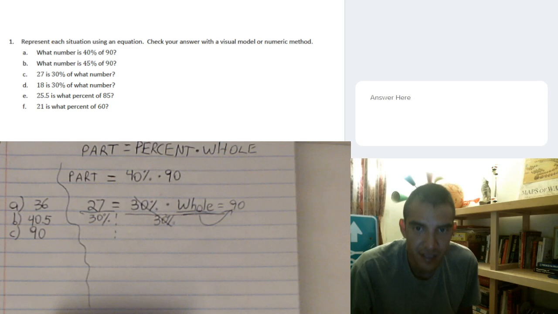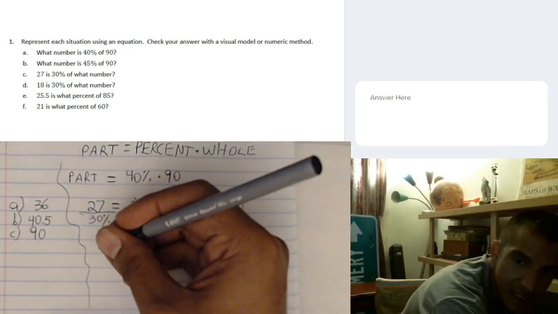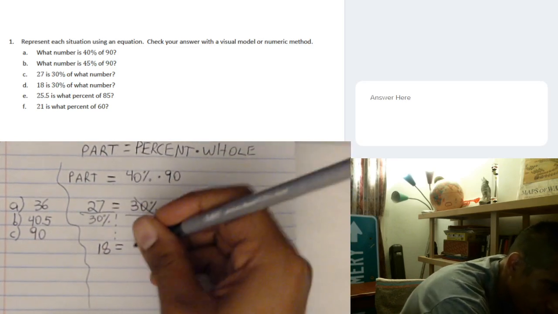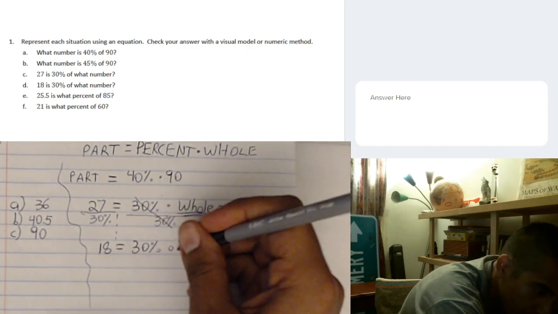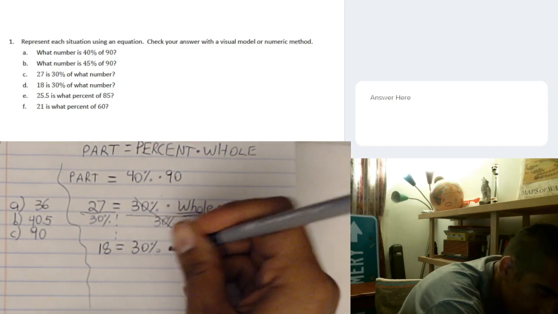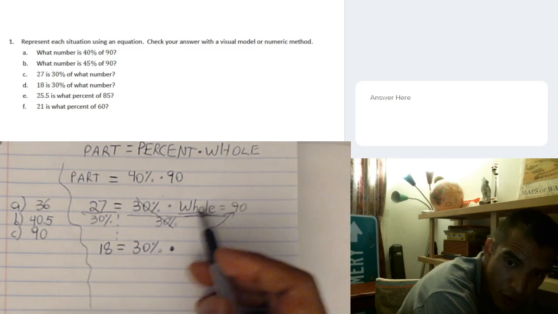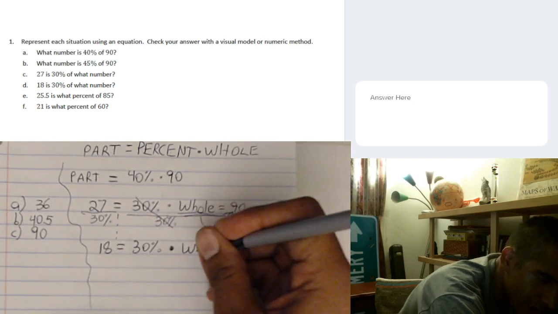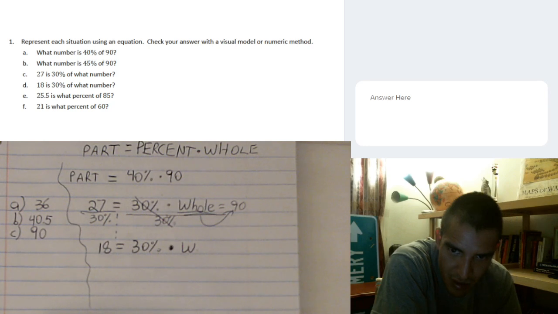18 is 30% of what number? This is the exact same way. 18 is the part, so 18 equals 30% times what number? Instead of writing the word whole, I'll write the letter W, because W stands for whole.